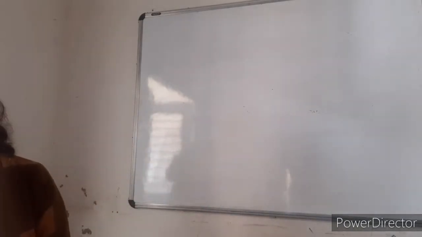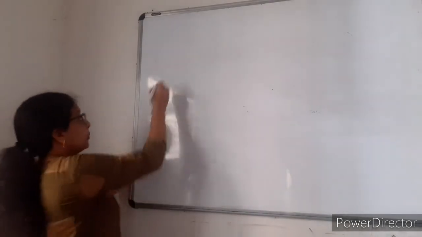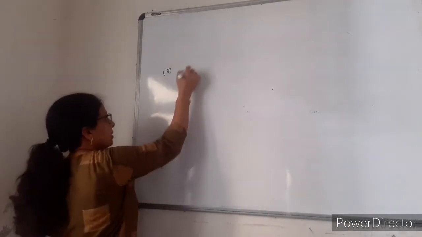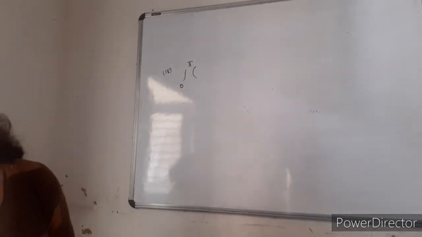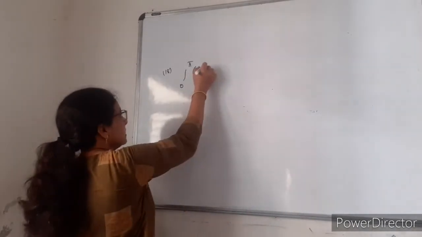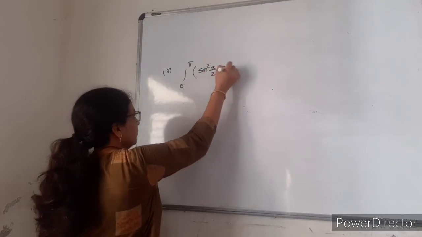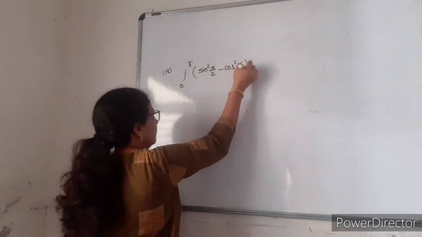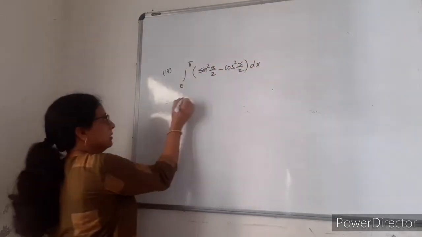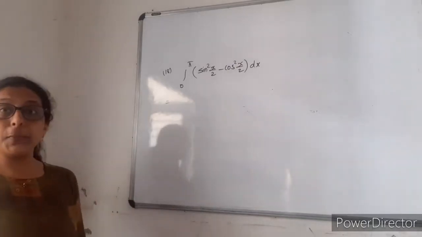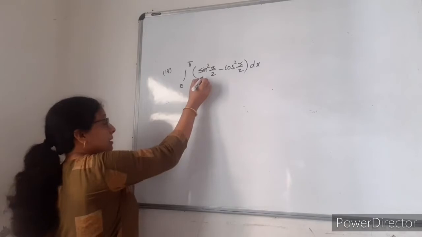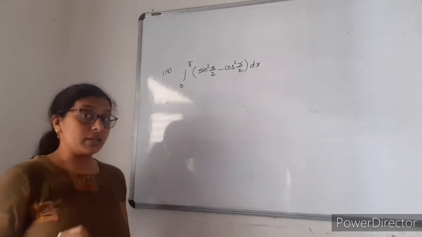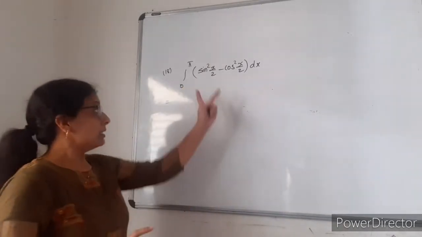Question number 18 is the integral from 0 to pi of sin square x by 2 minus cos square x by 2 dx. So sin square x by 2 minus cos square x by 2, you know that this is the formula of cos 2x, but it is reversed.